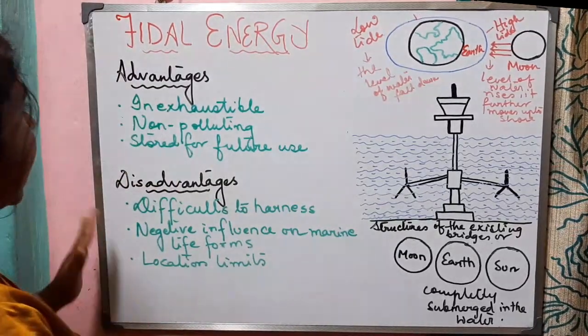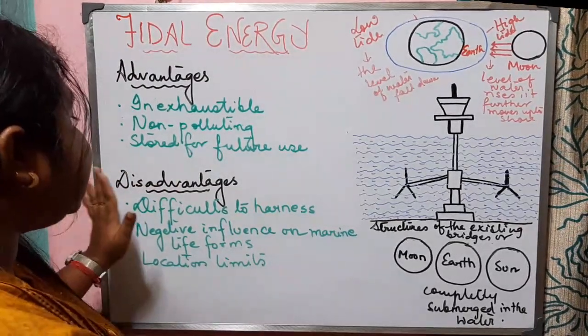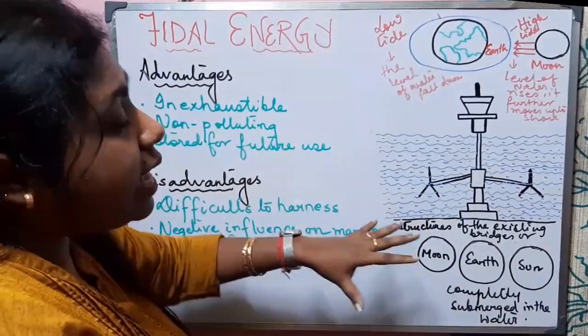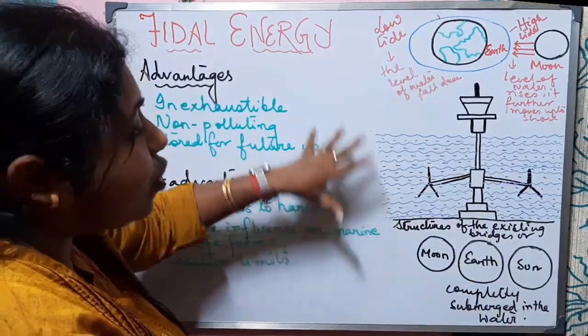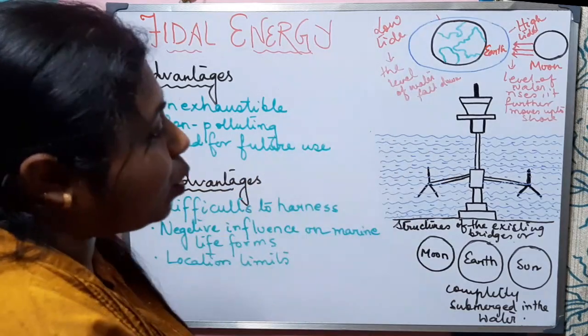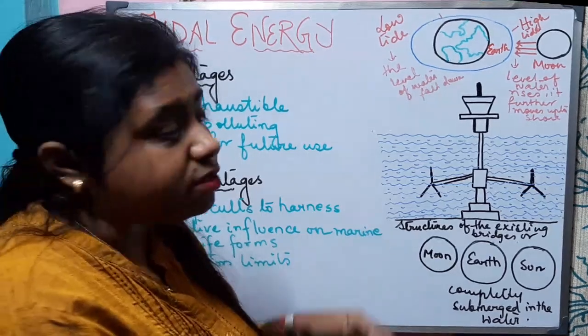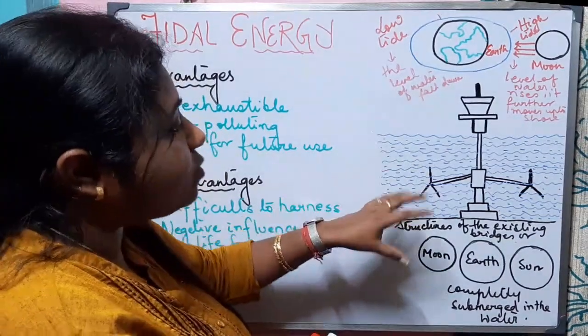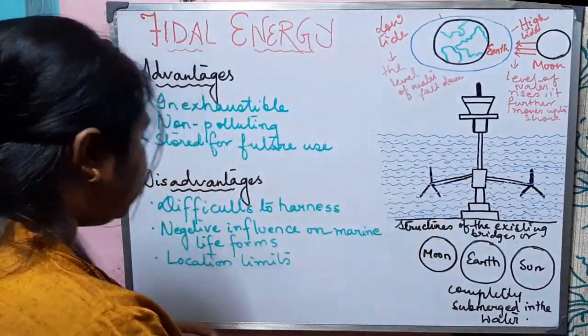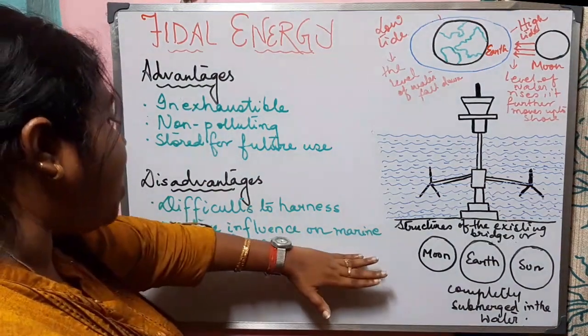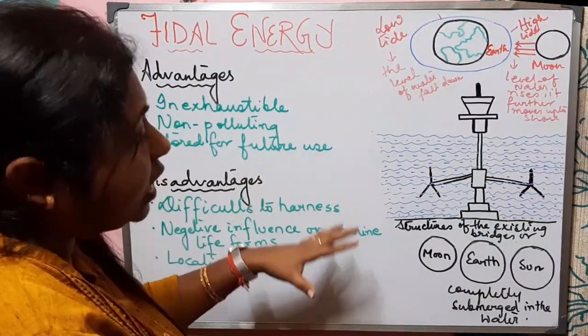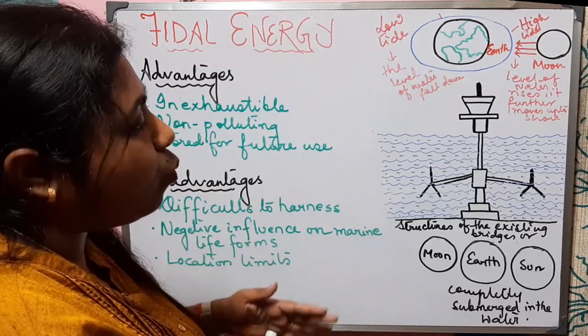And what are the disadvantages of tidal energy? They are difficult to harness. Yes, it is very costly to set up the whole tidal power plant, and we also have to depend on the variability of the waves, because only during the high waves can we utilize the tidal energy. Negative influence on marine life forms, as the plants are installed completely submerged in the water.